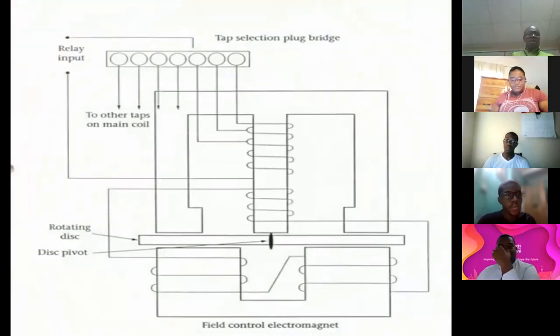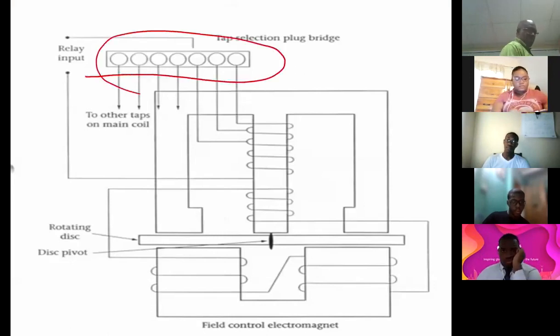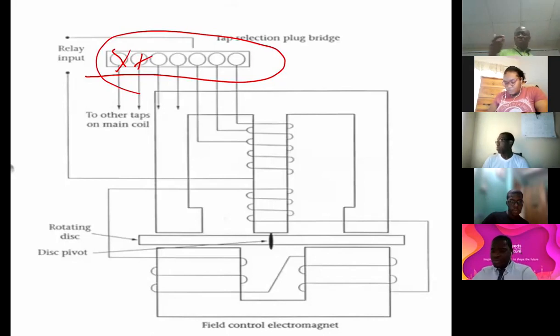So in terms of your block diagram, sorry, this is what it would look like. You have your plug block, and depending on which one of these you put the plug in, and it's a physical plug. It is a metal plug that you actually unscrew and then screw into one of those holes. So that's why we call it the plug.